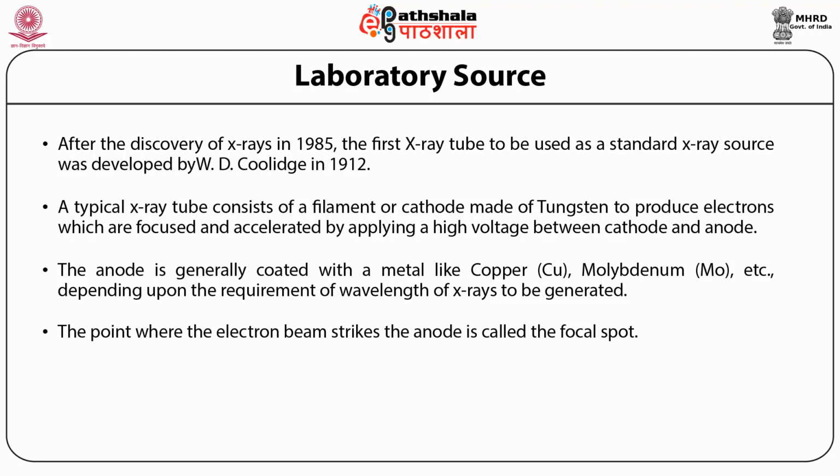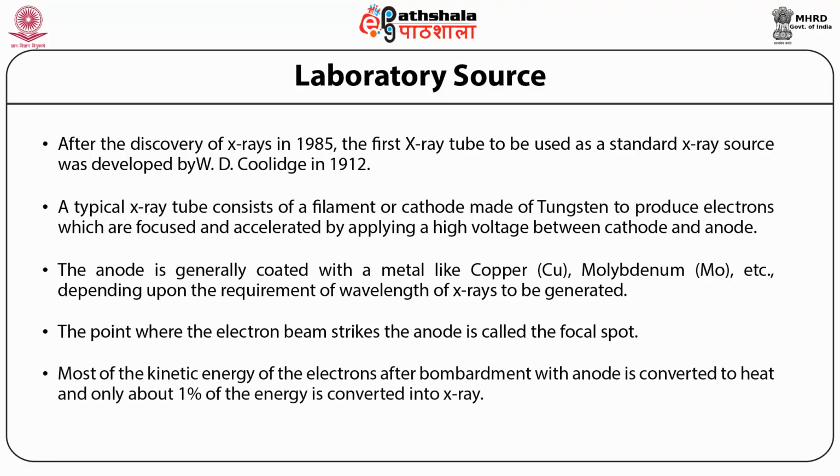The point where the electron beam strikes the anode is called the focal spot. Most of the kinetic energy of electrons after bombardment of the anode is converted to heat, and only about 1% of the energy is converted to X-rays.